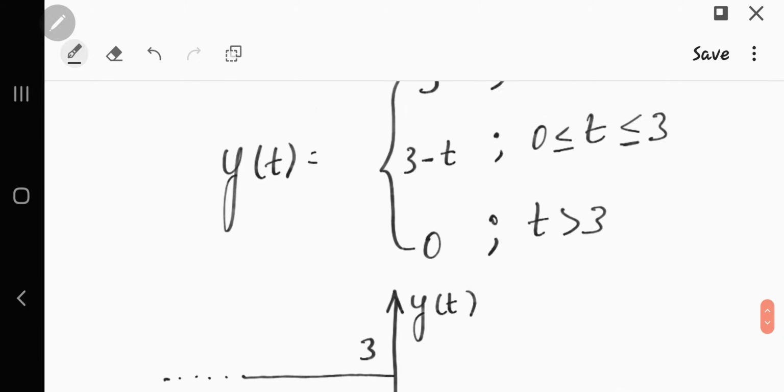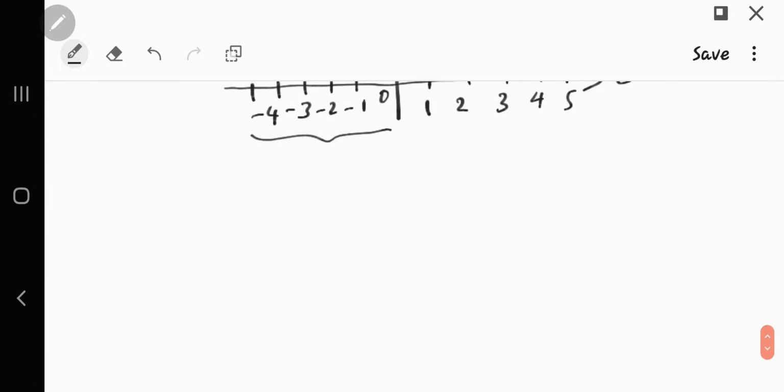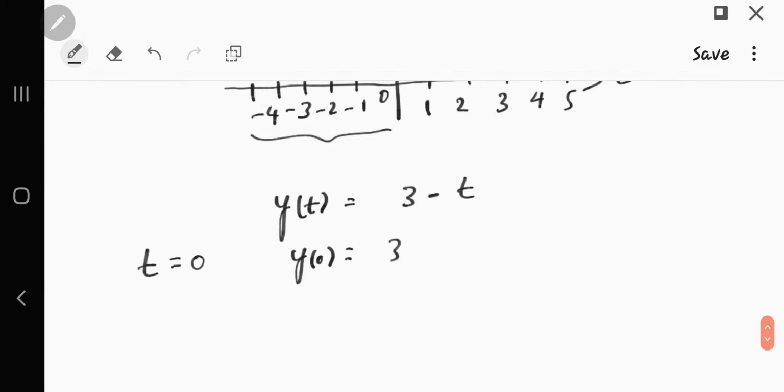Next, observe this. For t between 0 and 3, it is 3 minus t. Now to get the exact amplitude here, y of t is equal to 3 minus t. So first put these values. For t equal to 0, y of 0 is equal to 3 minus 0, we get 3.